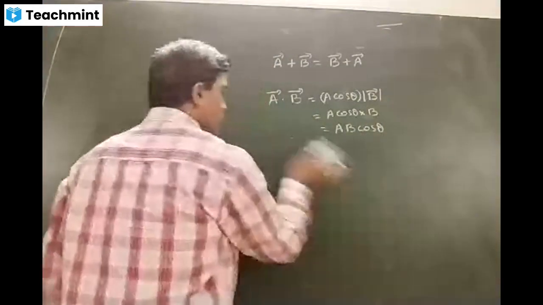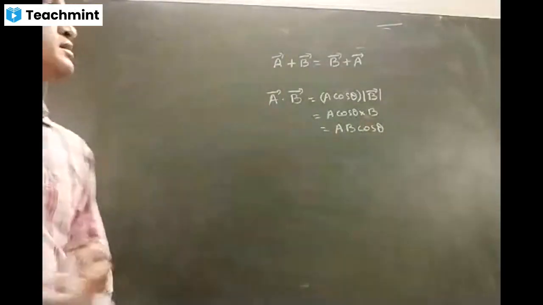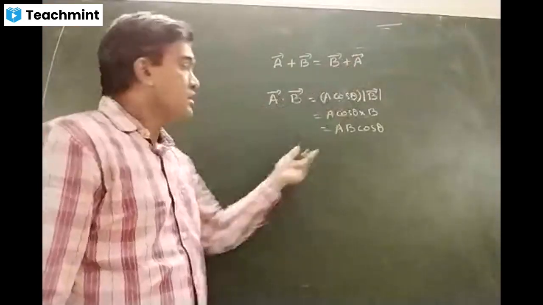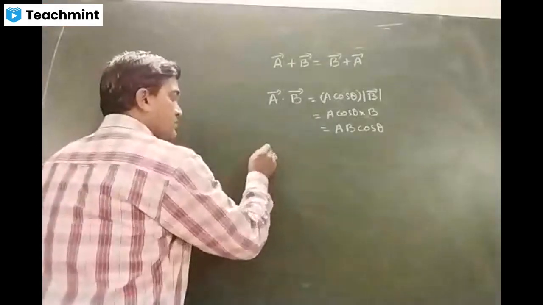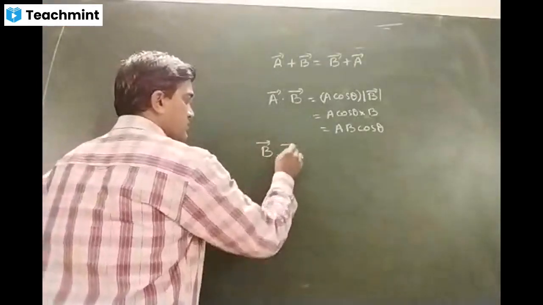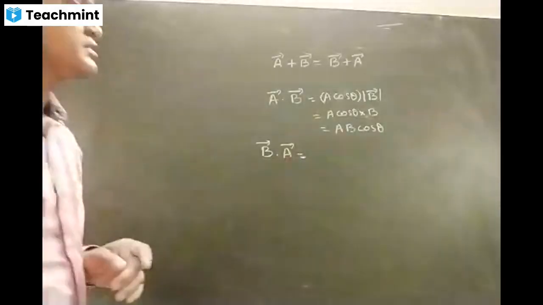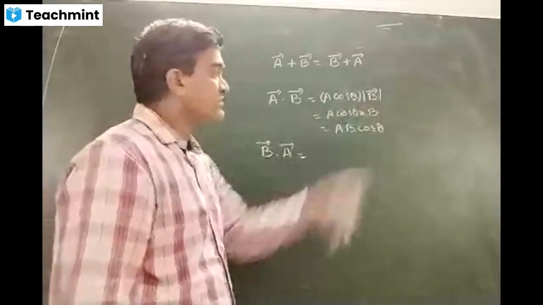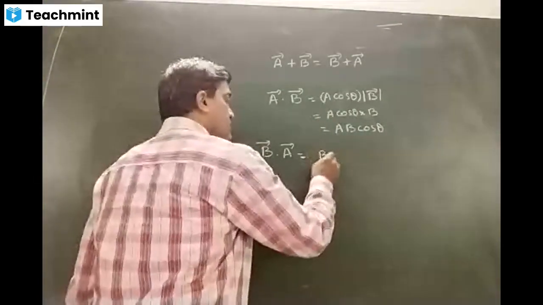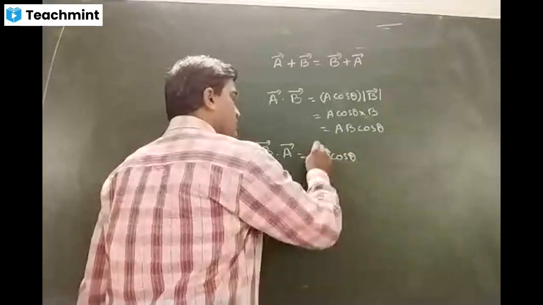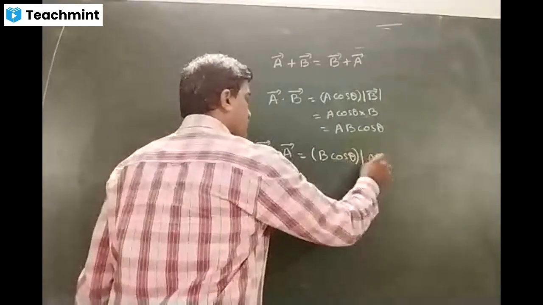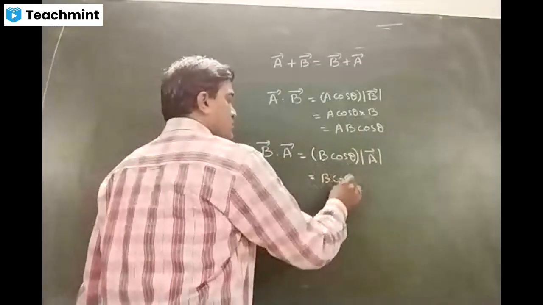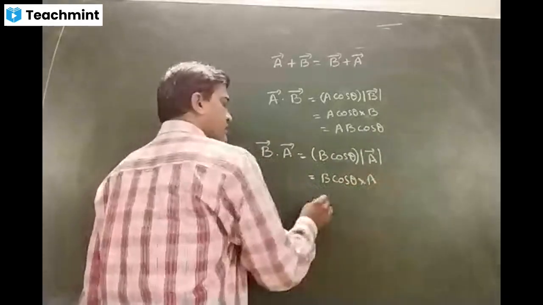Now, how to show commutative law? Here, I have written B bar plus A bar. Now, what do I have to write here? B bar dot A bar. What should I get? Here, A bar dot B bar I have written as A cos theta into component of second vector. Now, what I will write is B cos theta into modulus of first vector, which is nothing but B cos theta into A. What am I getting as the final result?